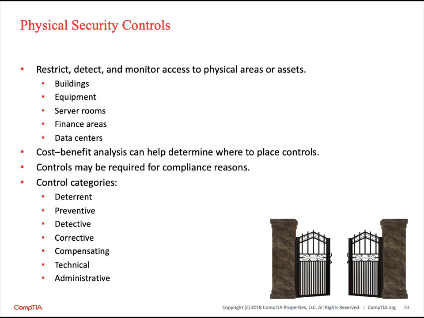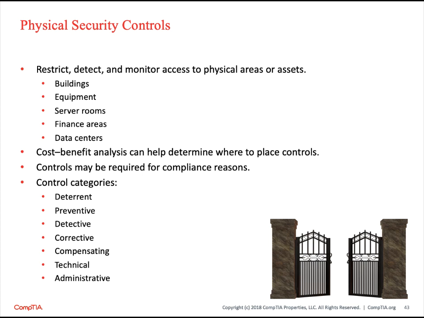This might be a server room, finance, a legal area, data center, network cable runs, all the hardware that we deem to have important value and sensitivity to our organization. We're going to want to have physical controls on that, right?